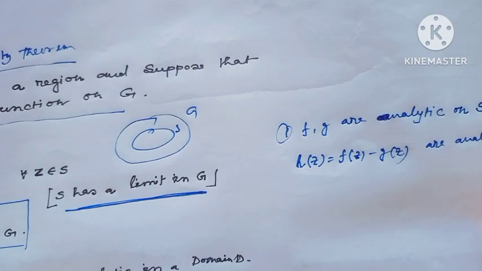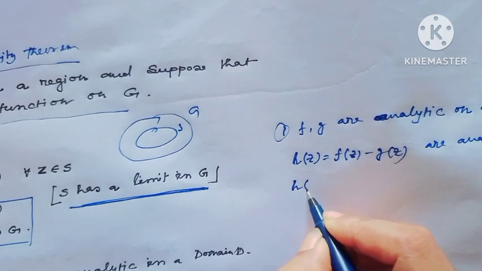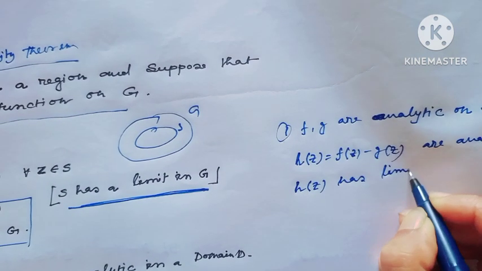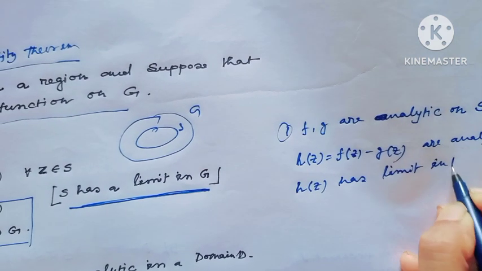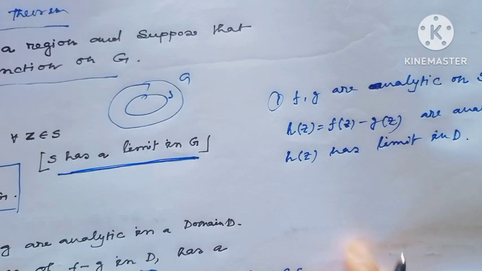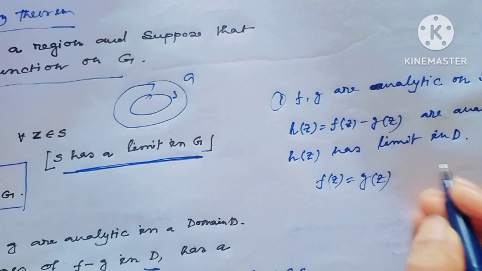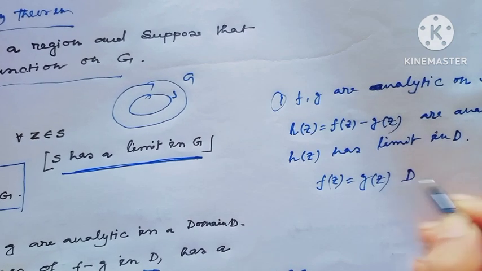If h(z) has a limit point in D, then we can say f(z) and g(z) are identical in the whole domain D.